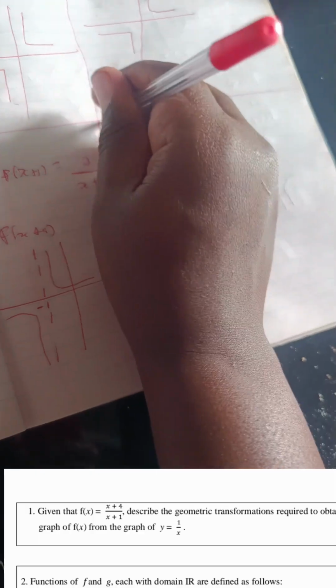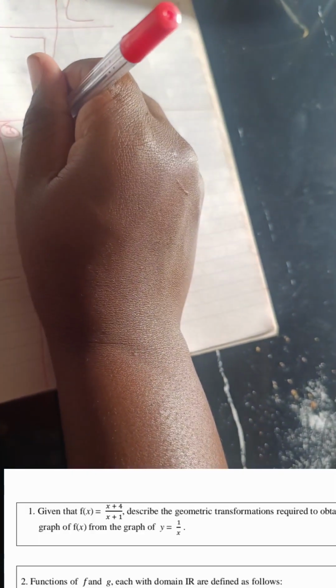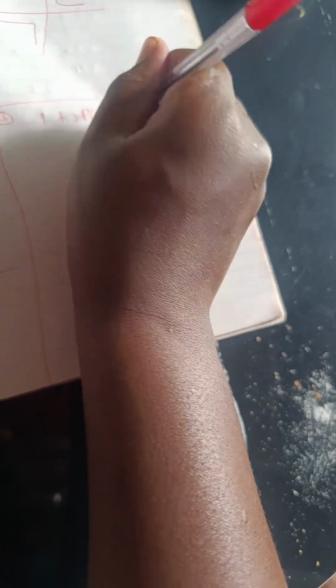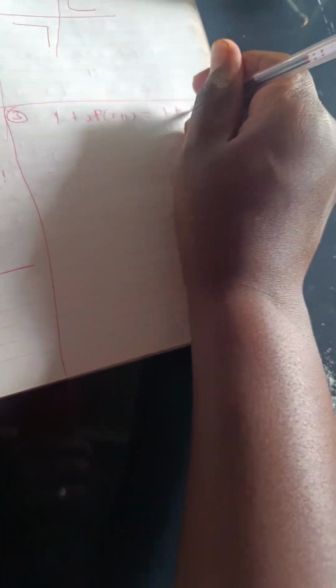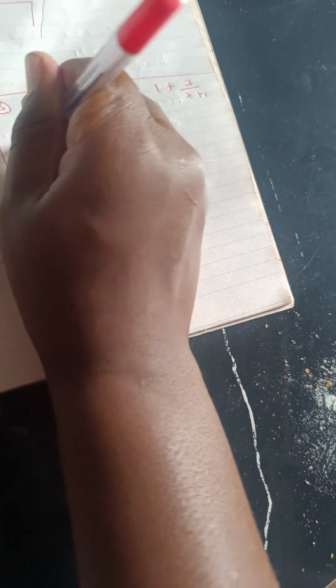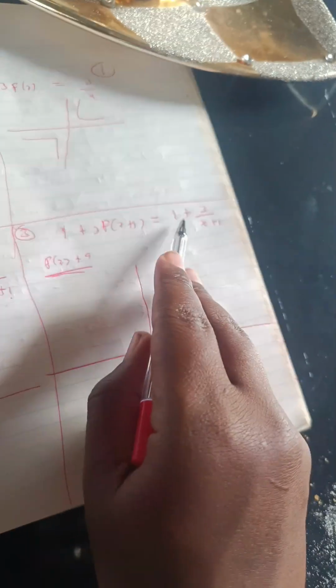Then number 3, we want to sketch 1 + 3f(x + 1), which is equal to 1 + 3/(x + 1). So we apply f(x) + a. This is a translation again, in the y-axis, going upwards by 1 unit.